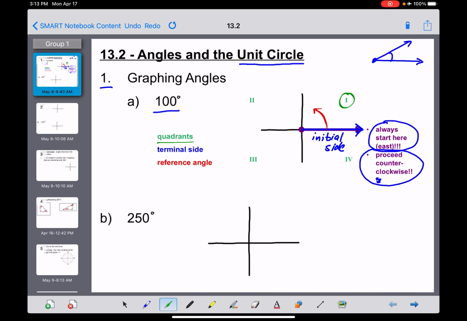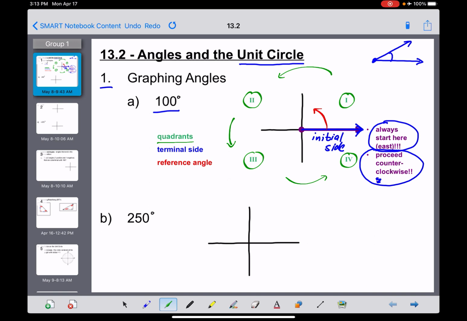As we keep moving counterclockwise, over here we've got the second quadrant, which is in the top left corner. We'll keep going counterclockwise till we hit the third quadrant in the lower left position, and then over here into the fourth quadrant, which is in the lower right position. So that's an explanation of what the quadrants mean and where they're located.